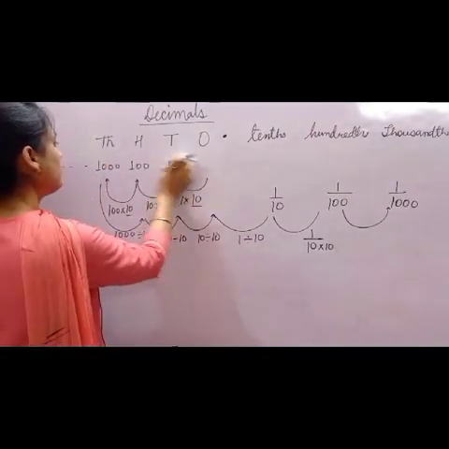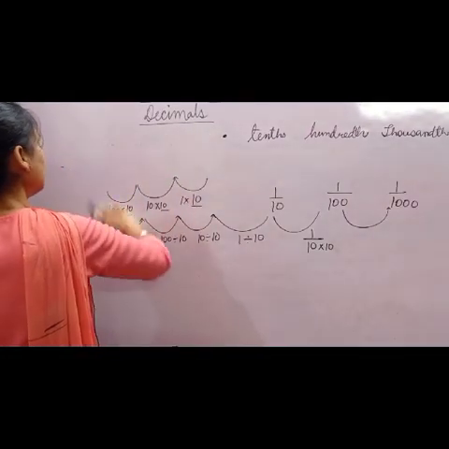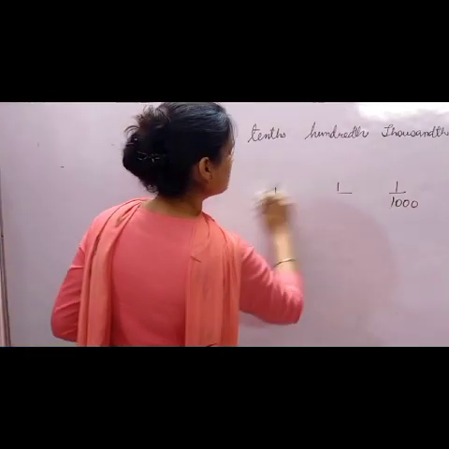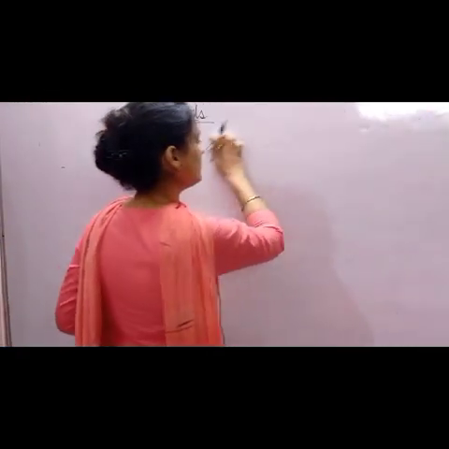This is called the place value table for decimals also. Now I'll write it down clearly so that you'll understand it more.